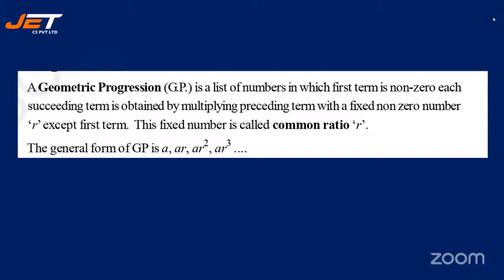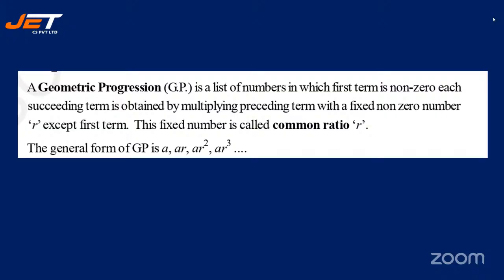At this juncture, let us quickly revise even geometric progression. A geometric progression is a list of numbers in which the first term is non-zero. Each succeeding term is obtained by multiplying the preceding term with a fixed non-zero number r, except the first term.